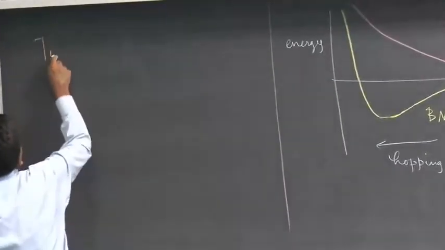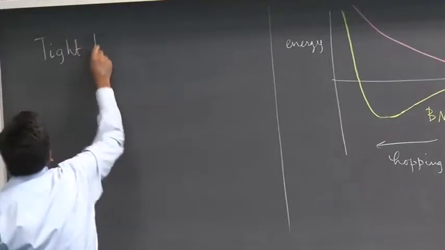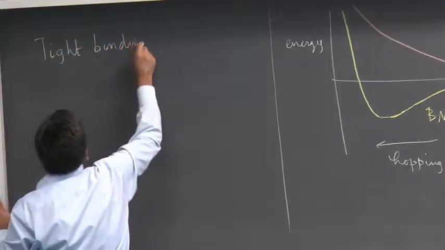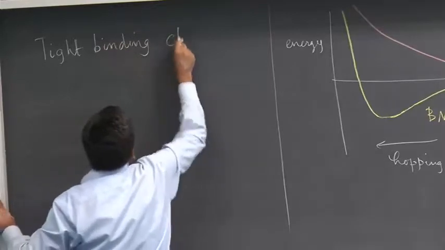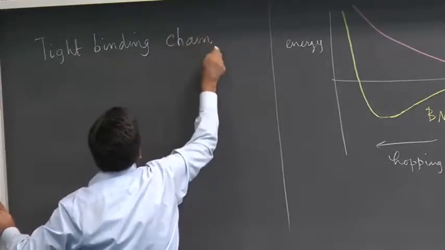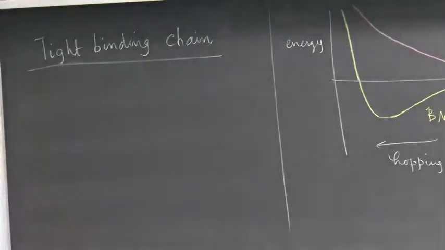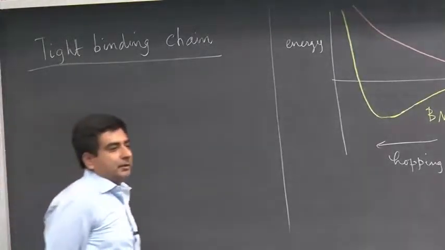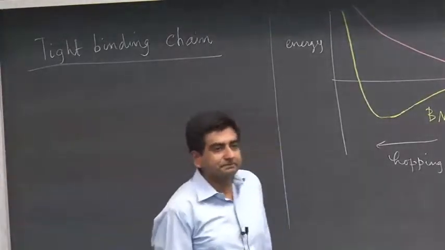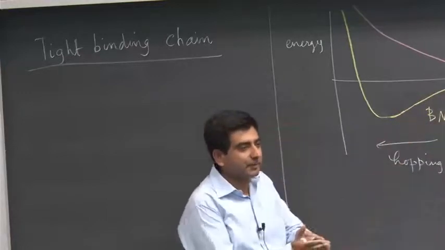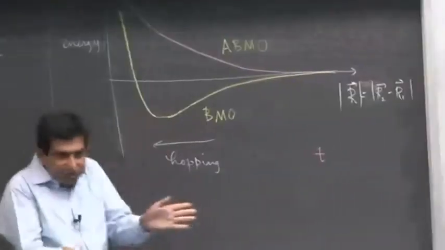We'd like to talk about a tight binding chain. You see, as the distance goes down, these energy levels change.